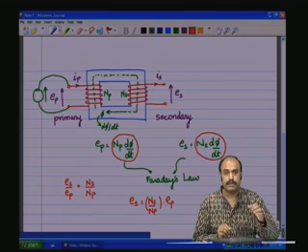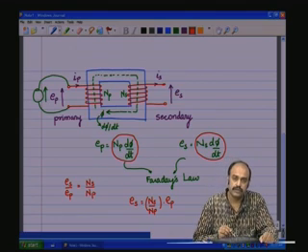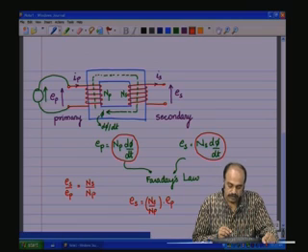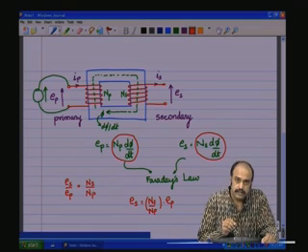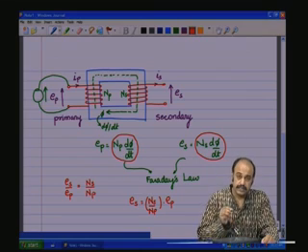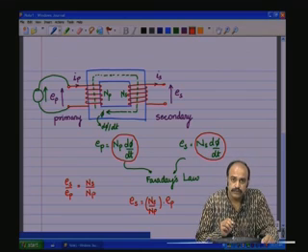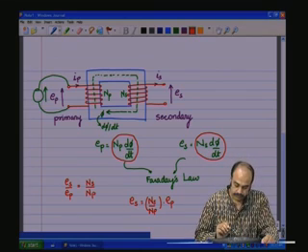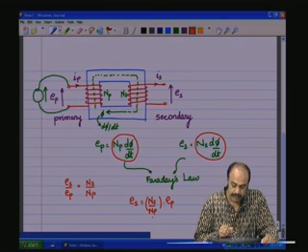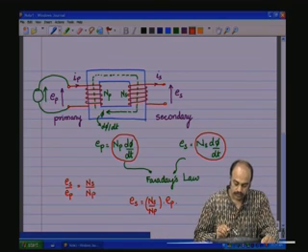So, if there is a primary voltage EP applied across the primary port, and Ns is the secondary number of turns and Np is the primary number of turns, then the secondary voltage induced across the secondary port Es will be the ratio of the turns Ns by Np into Ep.